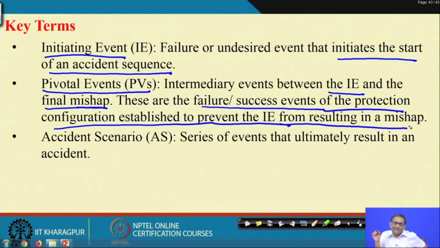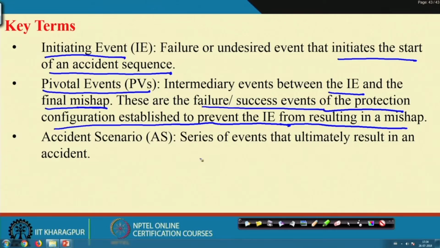You can easily relate this to my hazard triangle, where there is an initiating event, and after that lots of mechanisms. These in-between mechanisms are all pivotal events. Finally, when all the holes are lined up, the final mishap will take place.